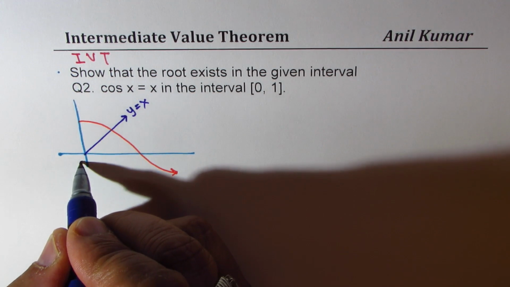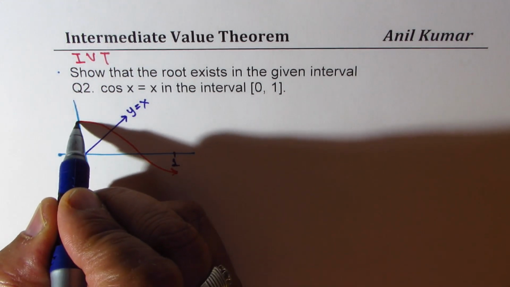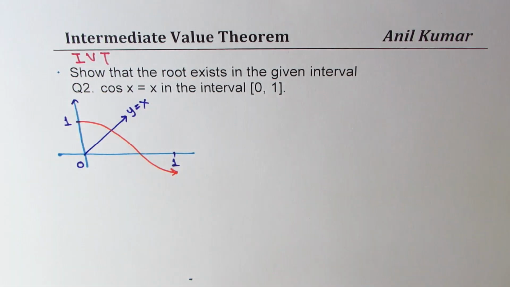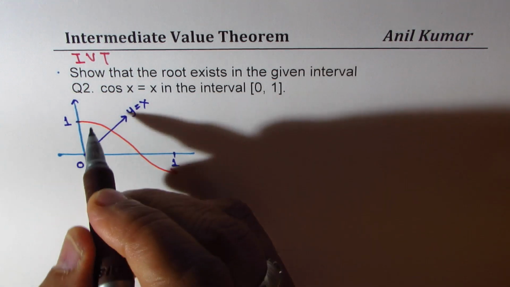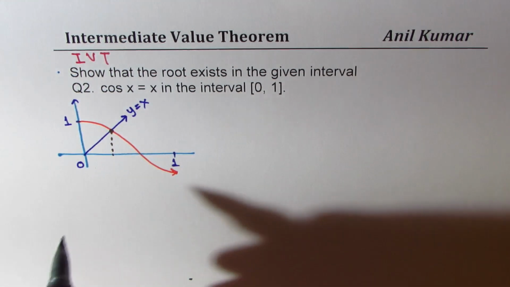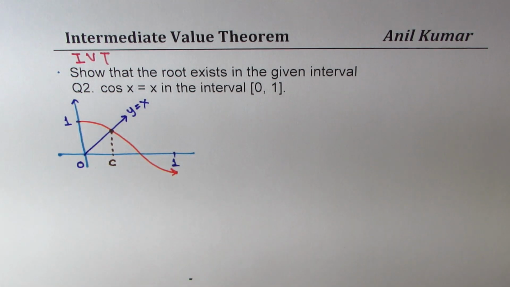Let's say this is 0 for us, and somewhere here we have 1. Cos of 0 is 1, so that makes sense, right? So these are the two graphs. Since they intersect at a point, that means the equation does have a solution. So that is the solution. We don't know what this value is. We are calling this c.